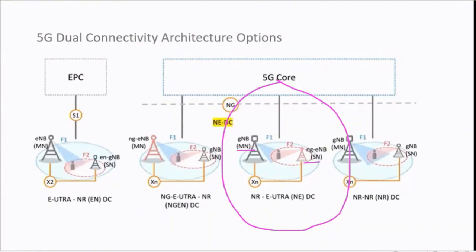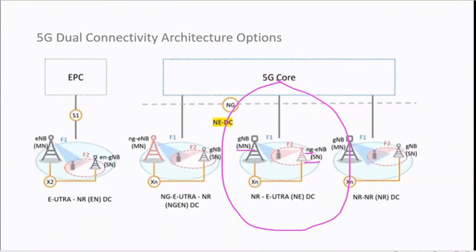Okay, so it is still NG E node B. It means it still has to understand the 5G protocols. Still it is connected through the XN interface. The only difference is that in this, G node B is the master node, so it will have both the control plane and the user plane signaling, but the NG E node B only has the user plane signaling. So this is the difference in the third option.